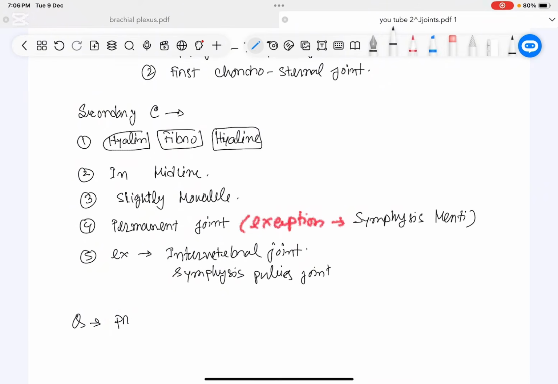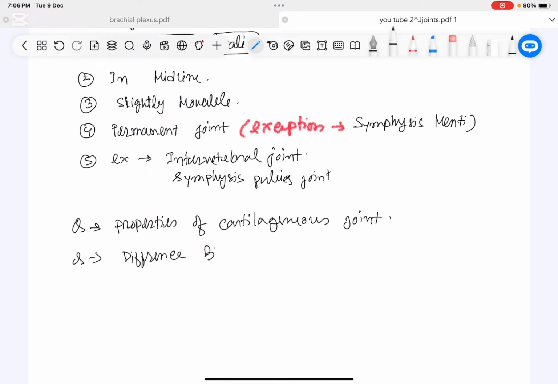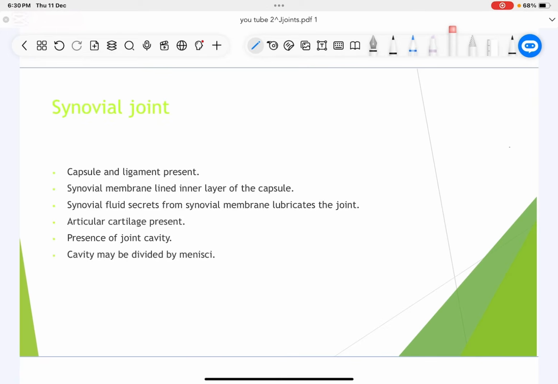Number 1, properties of cartilaginous joint. Or we may ask you to say the differences between primary and secondary cartilaginous joint. Or we may ask you the questions related with the exception.